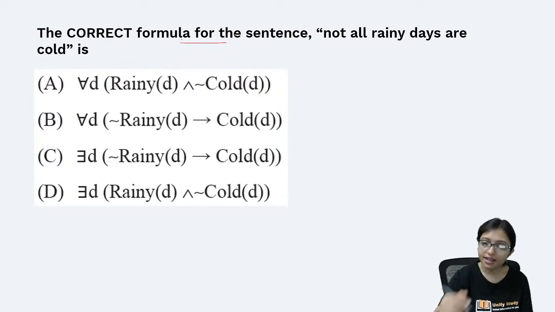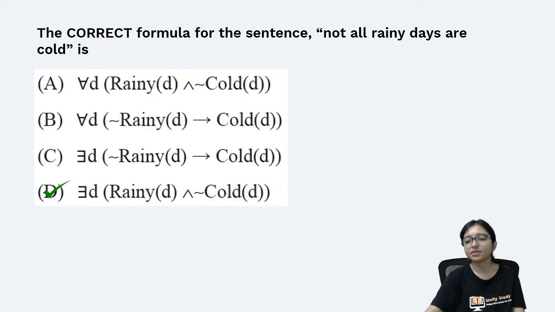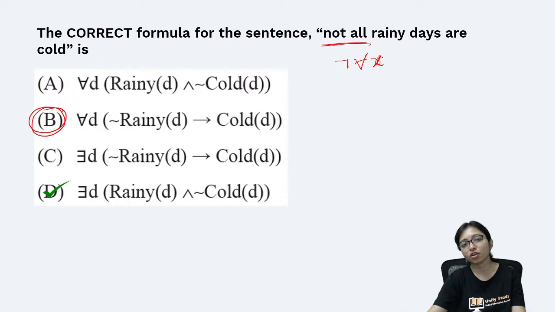Okay, answers are coming. B, D. Those who are telling option 2, that is B, they are wrong. Not all means not for all. Not for all will be changed to there exists. You are doing this one for all.